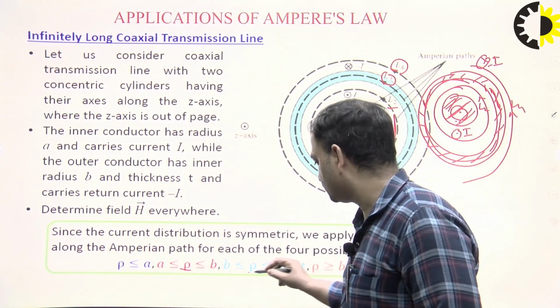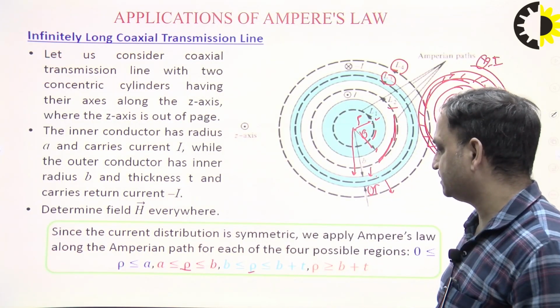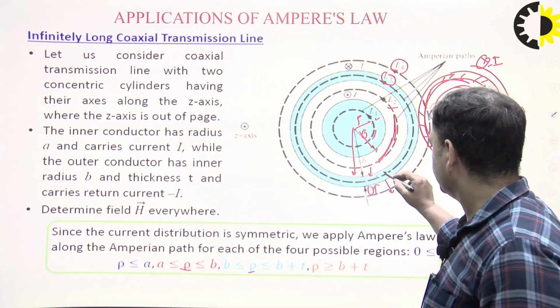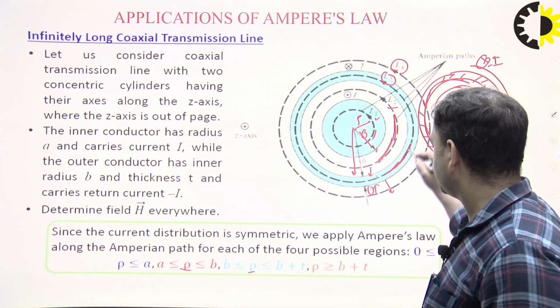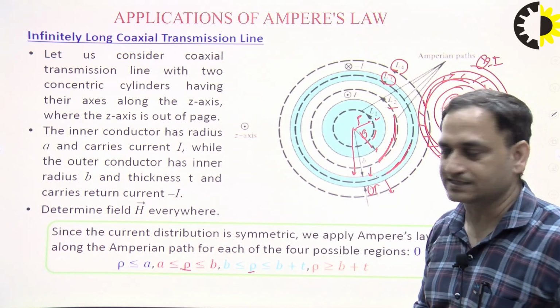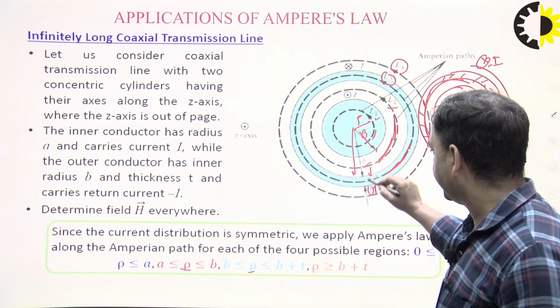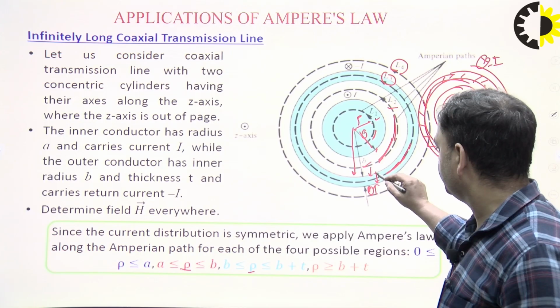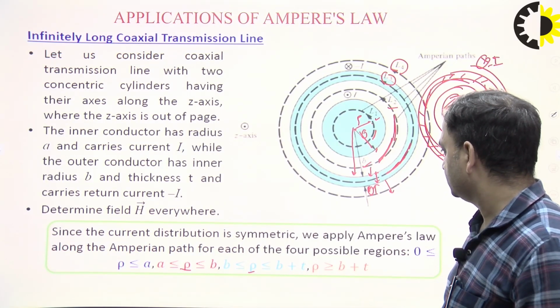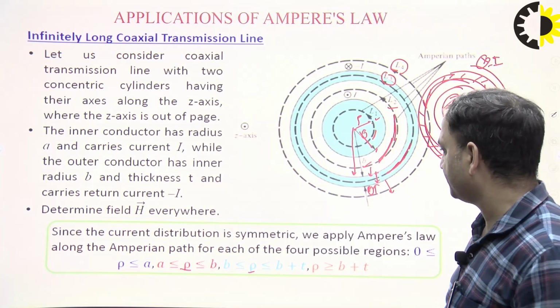Third is rho greater than B and less than or equal to B plus T. So between these two circles, we will take the value of H.